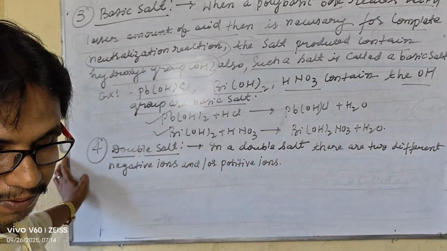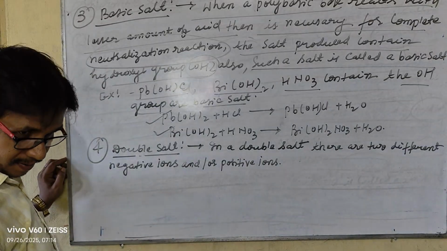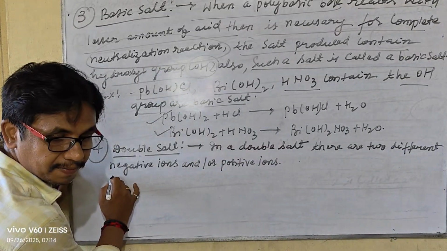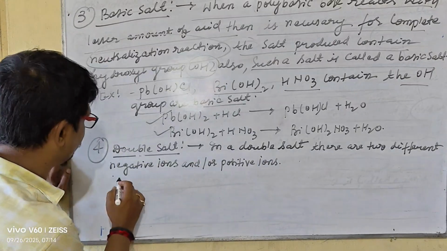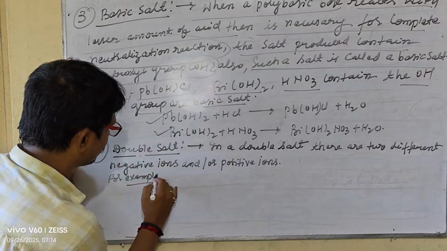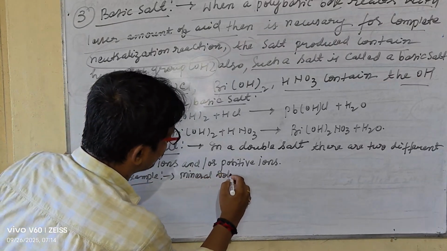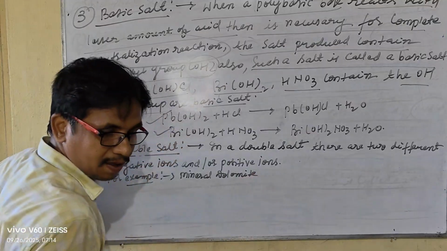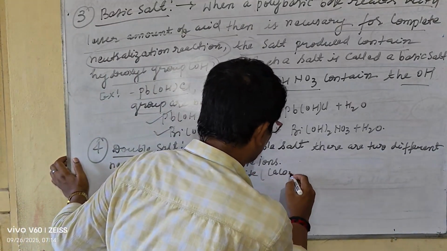For example, the mineral dolomite, CaCO3 MgCO3.